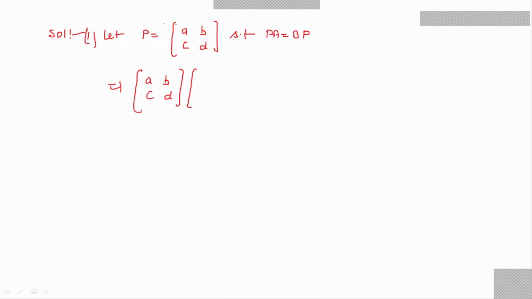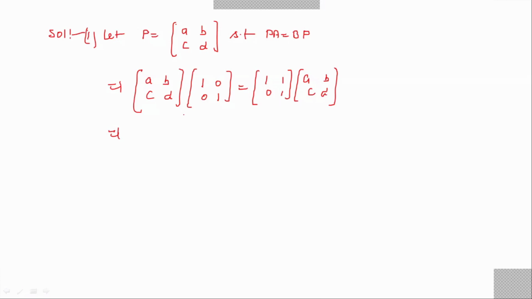The unit matrix of order 2, 1 0 0 1, is equal to B into P. What is the B matrix? 1 1 0 1, into the P matrix, which is A, B, C, D. If you simplify this, the matrix into the identity matrix gives the same matrix again, A, B, C, D. And on the other side, multiplying the first row with the first column, you get A plus C, and then B plus D. The second row gives C and D.